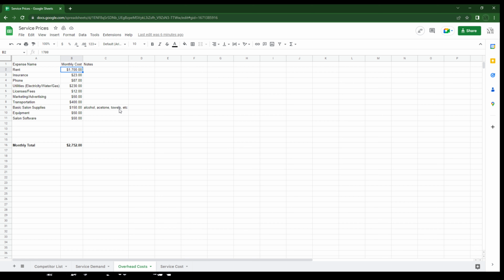And I've got several costs here. All of them are going to be different depending on how you're set up. But even if you work at home, even if you live in a state where they allow you to do services in your home, I want you to include a portion of your home as a percentage for your actual salon, okay? So let's say you take up a room inside of your house, and let's say that room is 15% of your total square footage of your home.